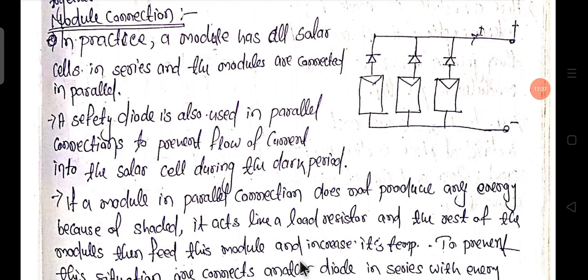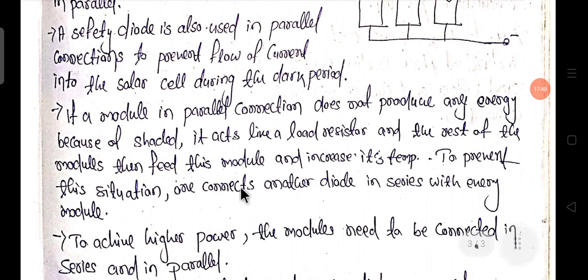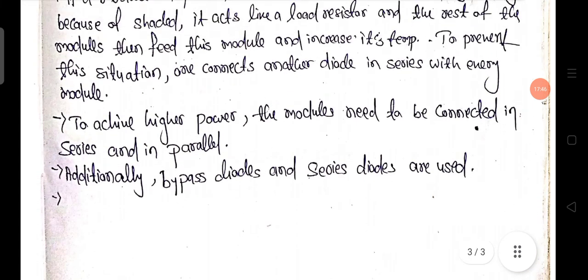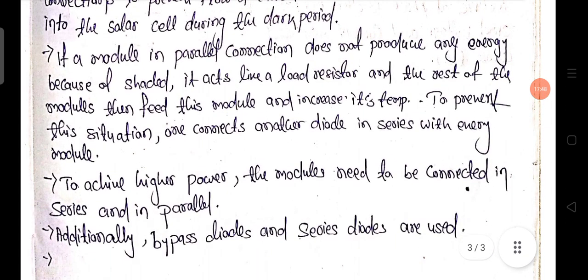To prevent this situation, one connects another diode in series with each module. To achieve higher power, the modules need to be connected in series and in parallel. Additionally, a bypass diode or series diode is used.